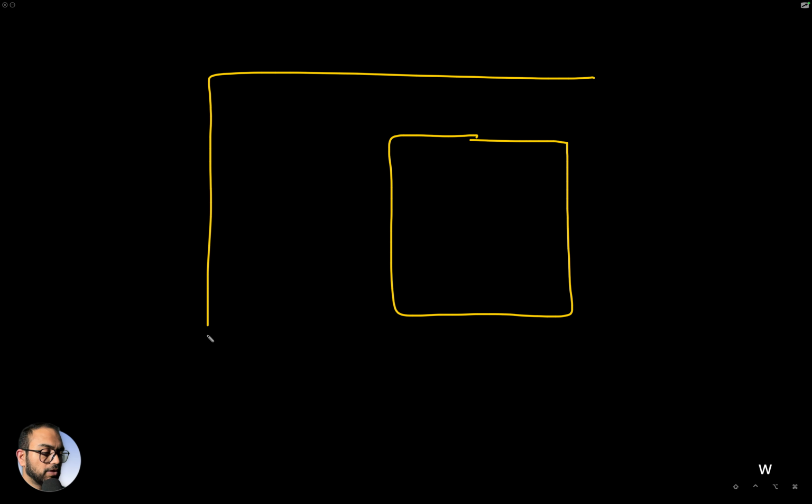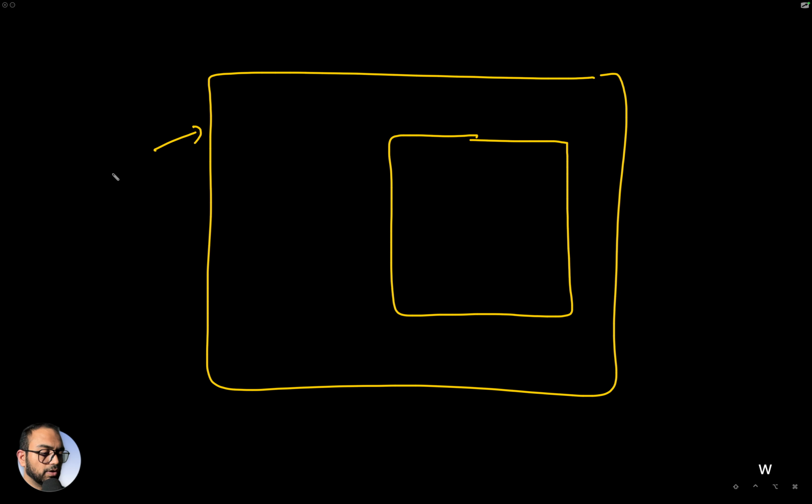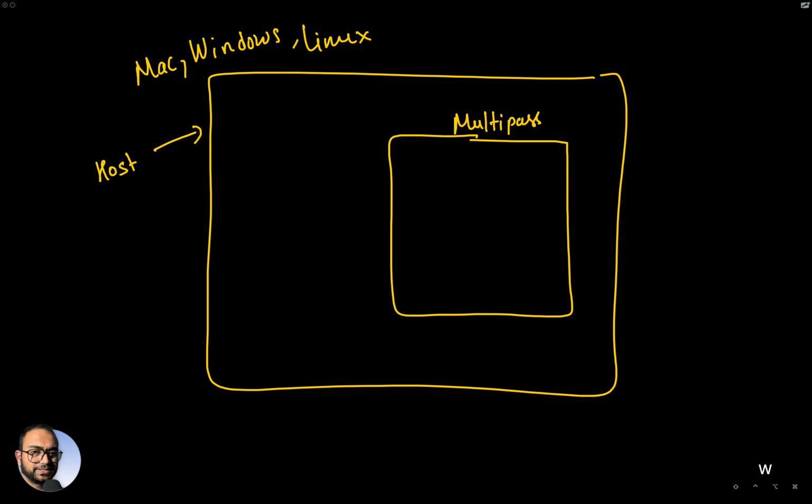We said that this is our host machine or host operating system, could be Mac, Windows, or Linux. And right now we are on a Mac. So this is our Mac host. And what we did was install Multipass, which is the hypervisor, or image instance manager, virtual machine manager.